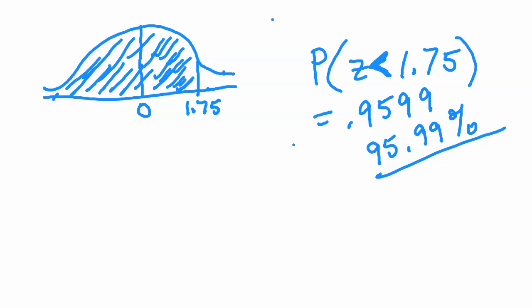Does that make sense so far? We're just taking it one more step in finding probability using that calculator. You don't have to use the z-score formula. You don't have to use anything because it's already in terms of z.